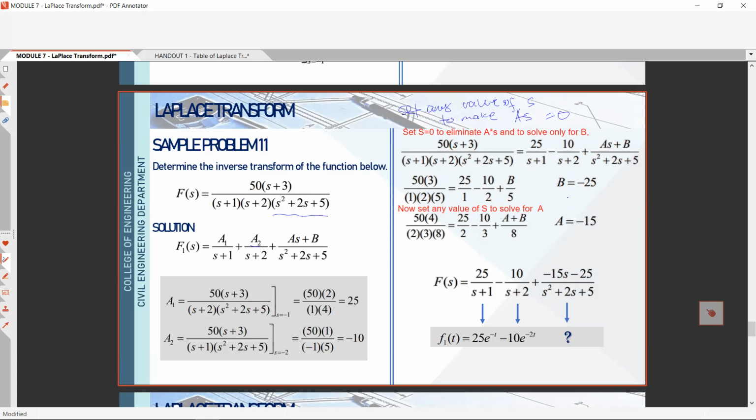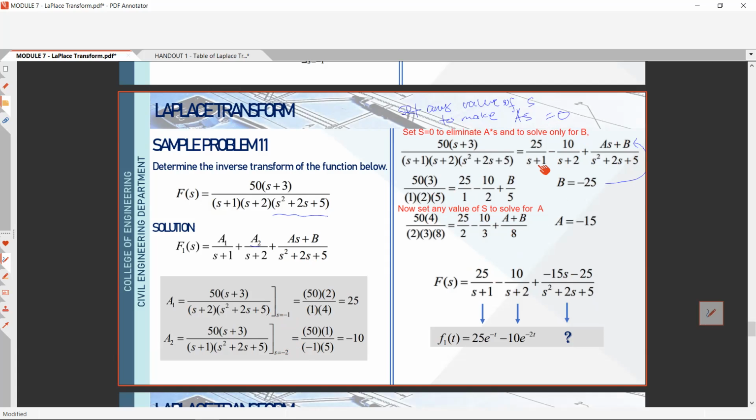Now, solve for A. To solve for A, substitute what you got here. Then, you can now solve for A. So, what you do is set any value of s that you want, even 100 or 3, except the values you already used: negative 1, negative 2, and 0.